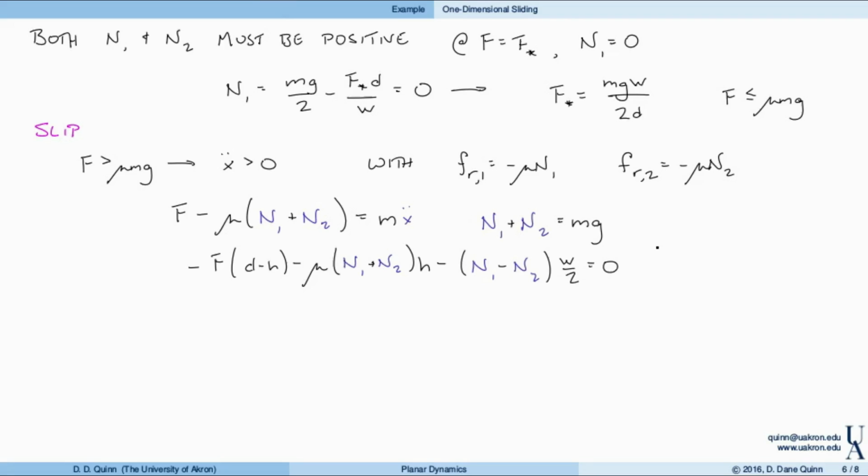So I can solve for these unknowns, and I'm going to go ahead and write that down. It's just some algebra. You can pause the video here if you need to and solve for N1 and N2 and x double dot based on these three equations.